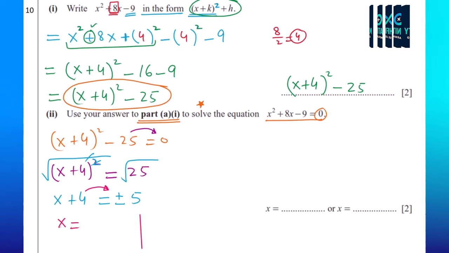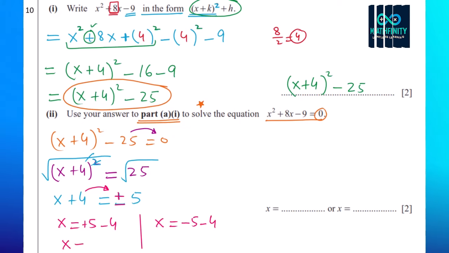X is equal to one time +5, -4, and second time x is equal to -5, because one time positive 5 and one time negative. So -4, so -5, -4.